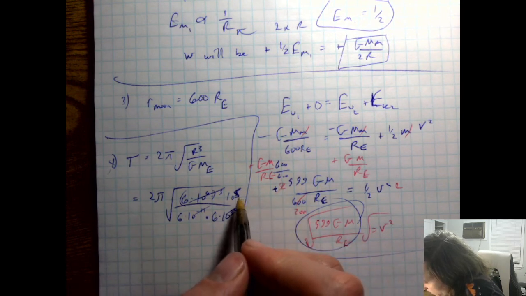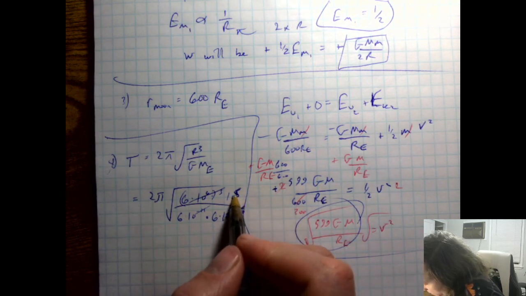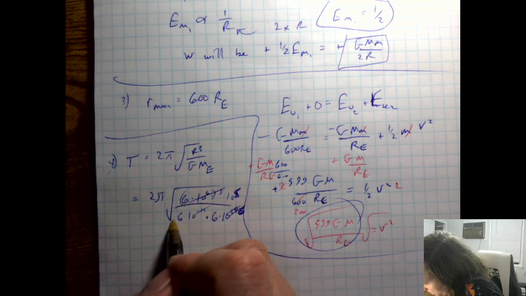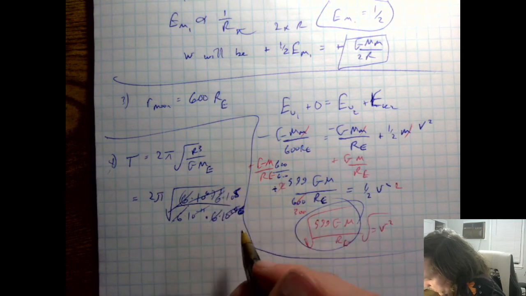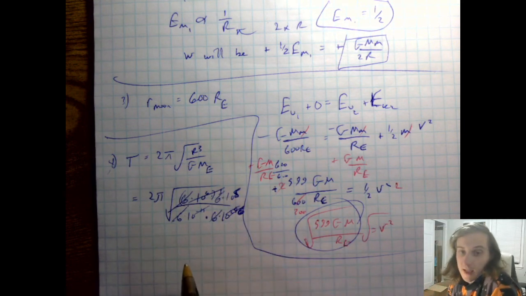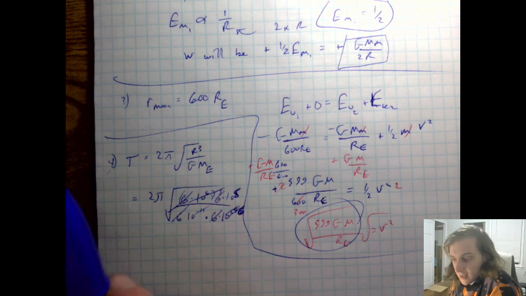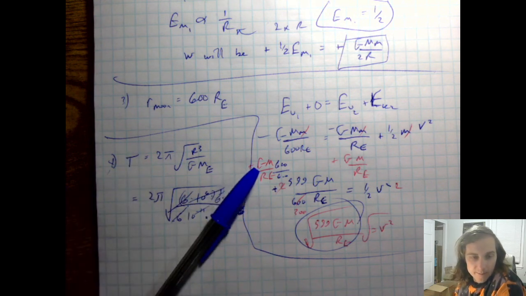10 to the fifth, 6 to the third divided by 2 sixes is going to be 6 times 10 to the fifth. 6 times 10 to the fifth is where I start busting out a calculator.